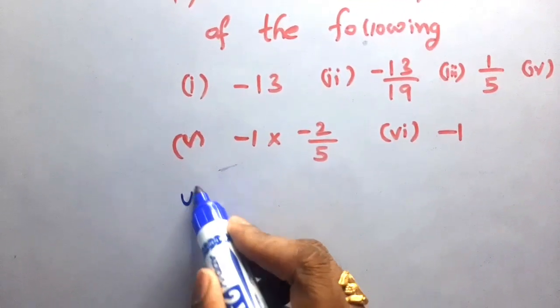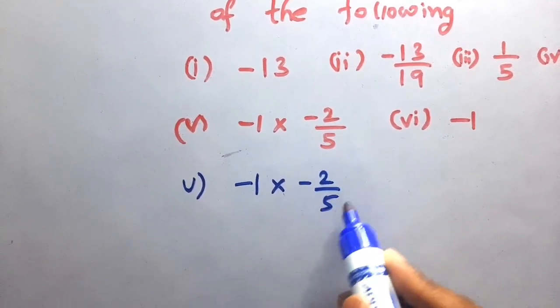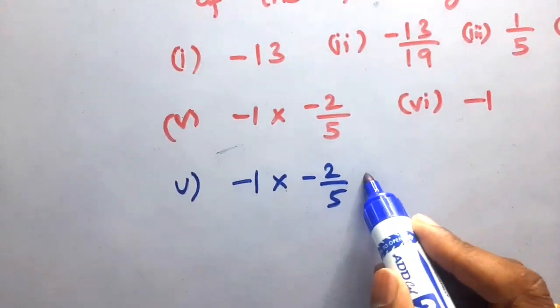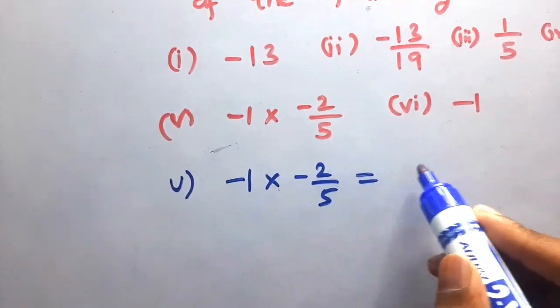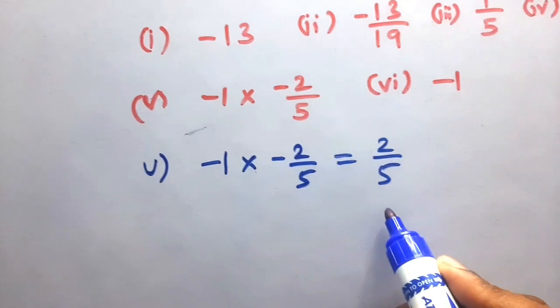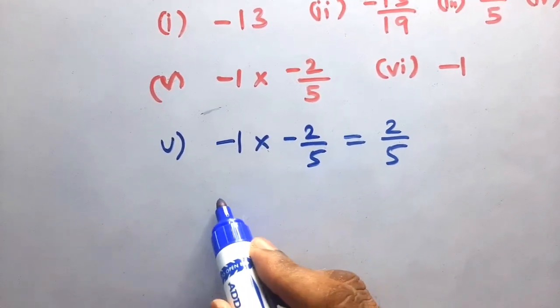See the fifth one, minus 1 into minus 2 by 5. Simplify this. Minus into minus plus, 2 by 5 into 1, 2 by 5. Now we have to write the multiplicative inverse of 2 by 5.